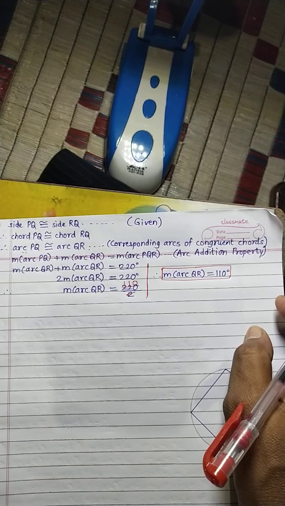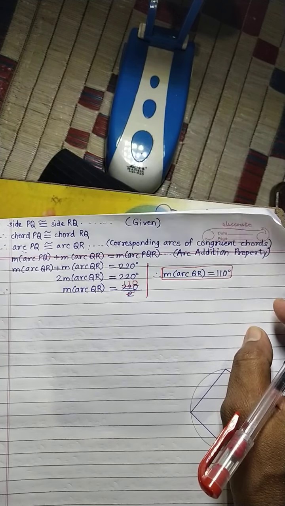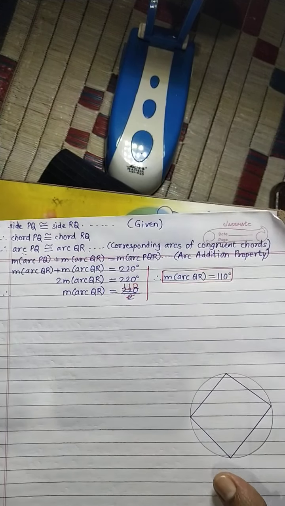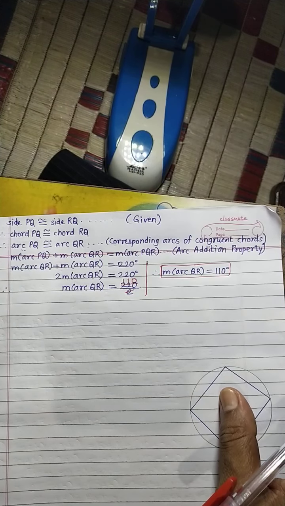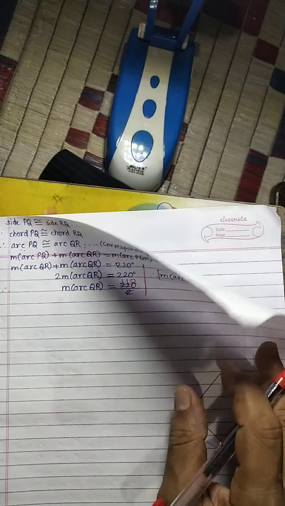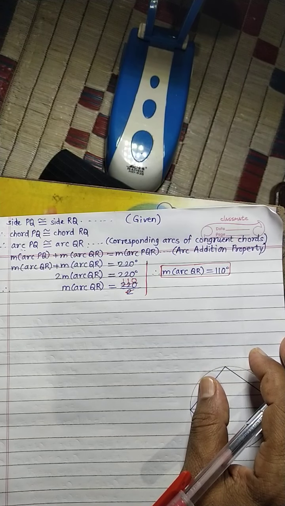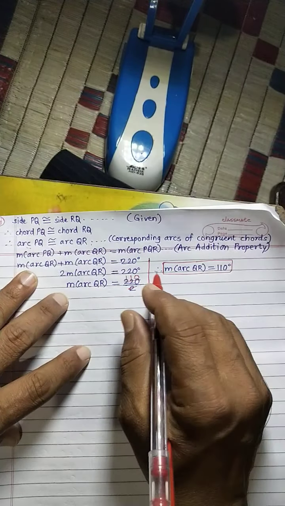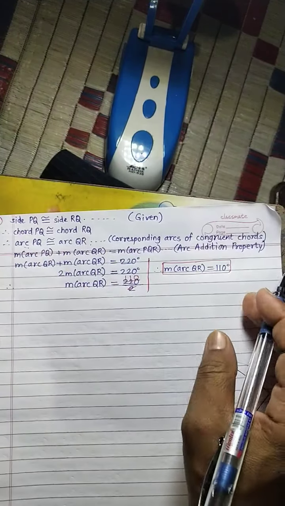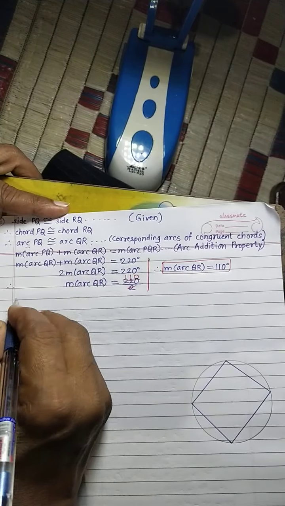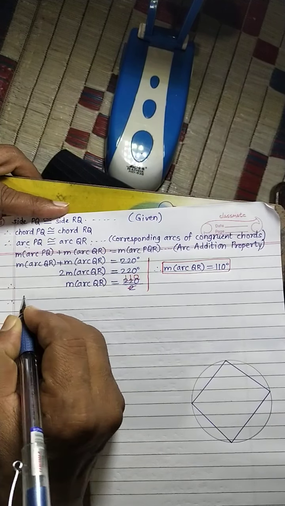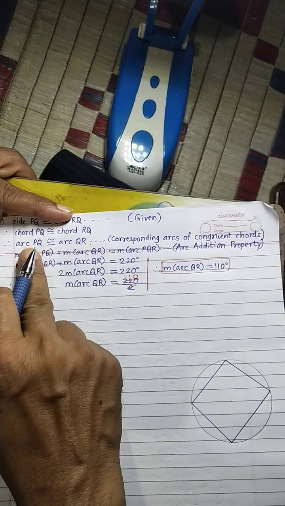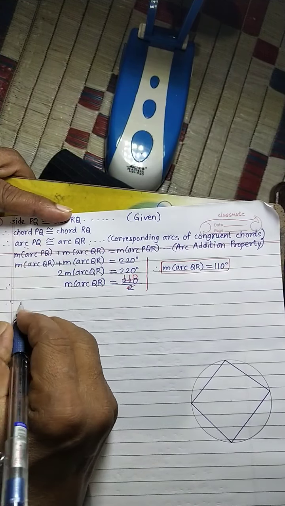Now we have to find the measure of angle PRQ. Here the measure of arc QR is equal to the measure of arc PQ.